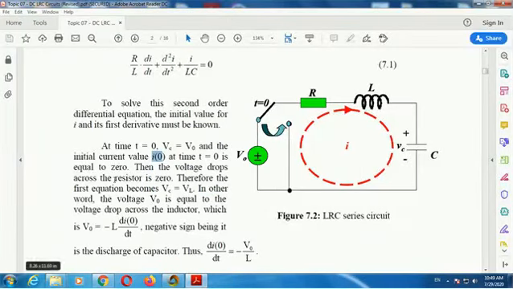The first derivative comes from V0 equal to minus L di/dt, so di0/dt is minus V0 over L. You need to know I0 and this derivative in order to solve it.